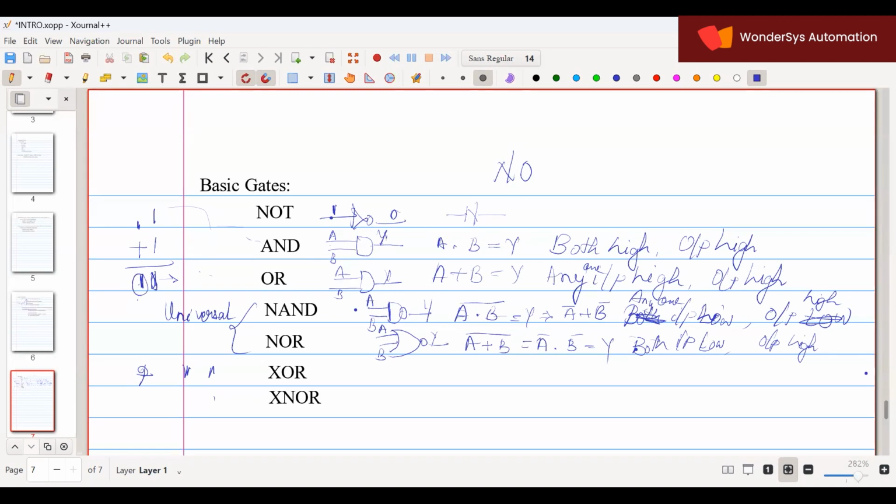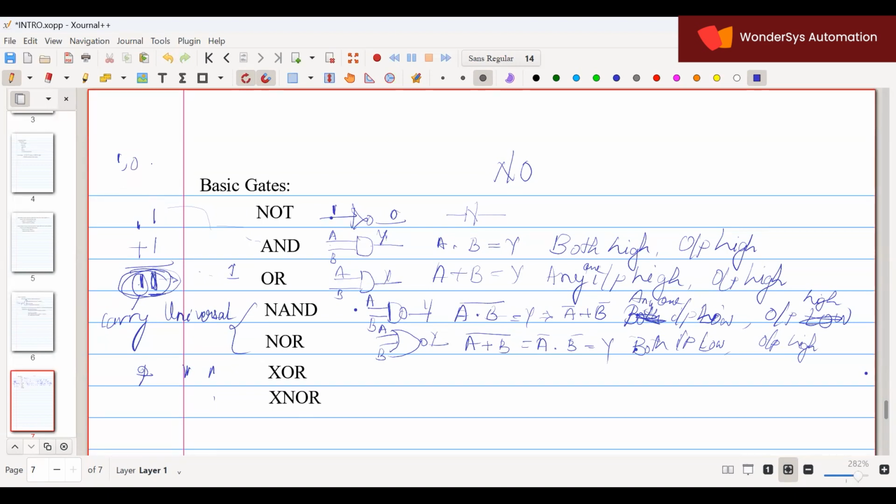It will discard this carry, retaining only 0. But in the OR gate, it will directly consider it as 1. It will not do the addition like this. This is a typical binary addition because in binary we have only two terms, 1 and 0.